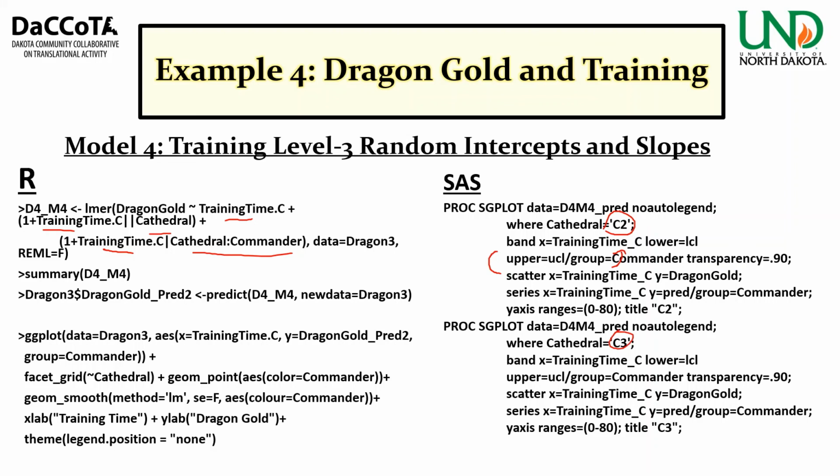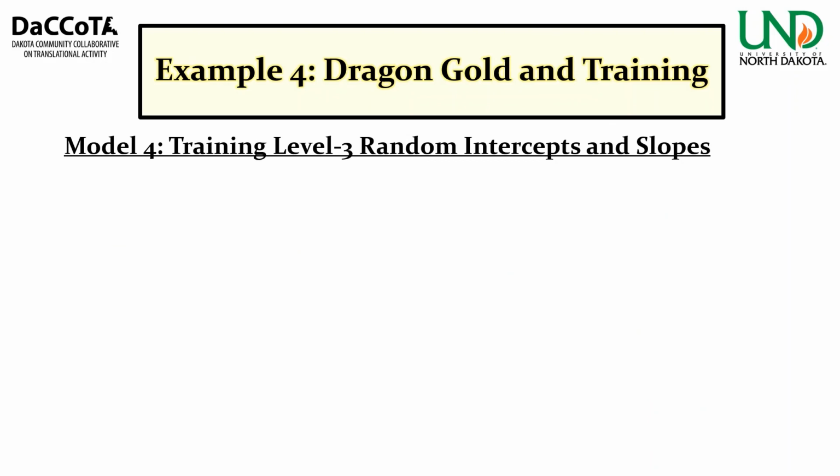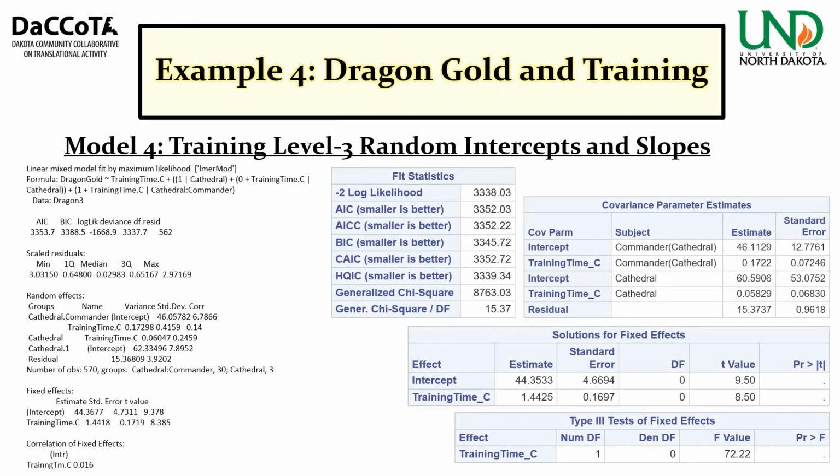Okay, with this, training time does look significant. However, the SAS model didn't produce a p-value, but the F value is rather large, so I think that's significant. Now, likely getting SAS to properly compute the p-value means changing some of the likelihood methods, a whole other battle.